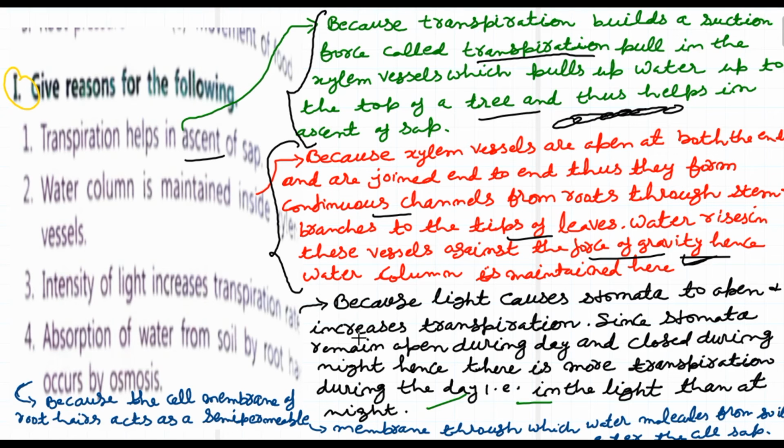This is the reason. And the last one: absorption of water from soil by root hair occurs by osmosis, because the cell membrane of root hairs acts as a semi-permeable membrane, as I have told you earlier, through which water molecules from soil enter the cells.